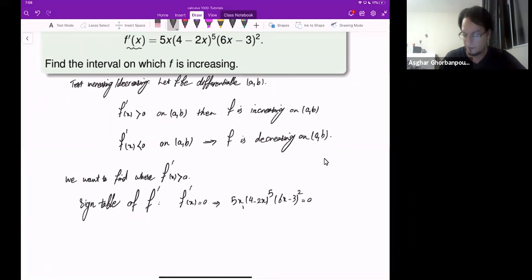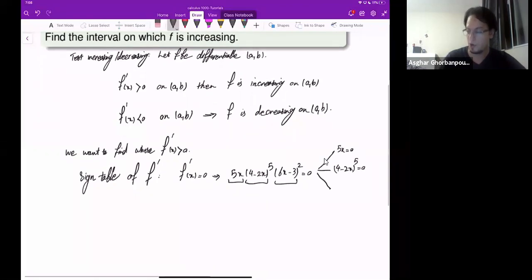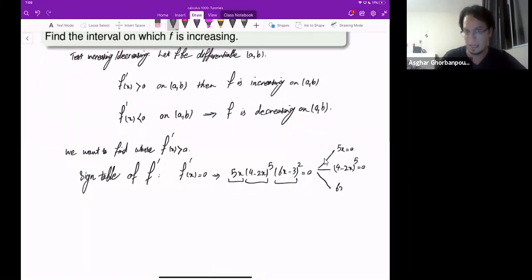And these are different factors of f prime. If three numbers are multiplied and you get 0, one of them must be equal to 0. It means that either 5x must be equal to 0, or (4 minus 2x) to the power 5 must be equal to 0, or (6x minus 3) squared must be equal to 0.